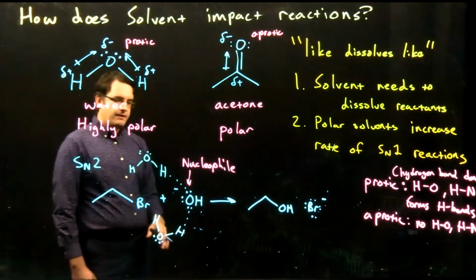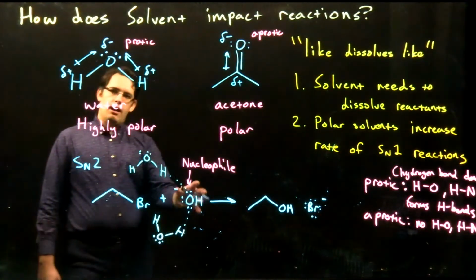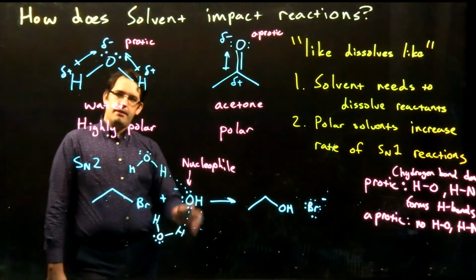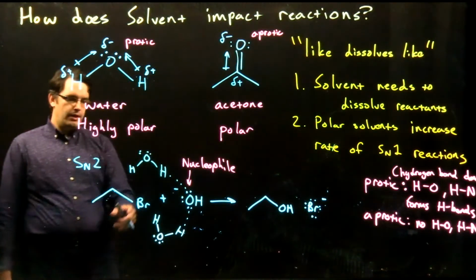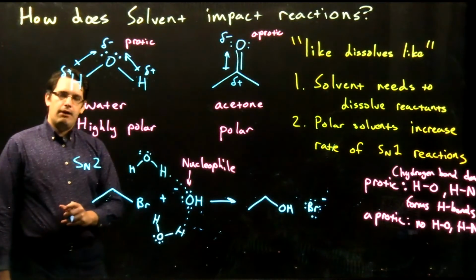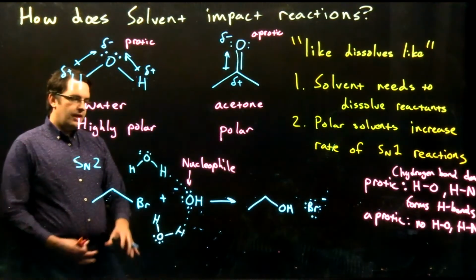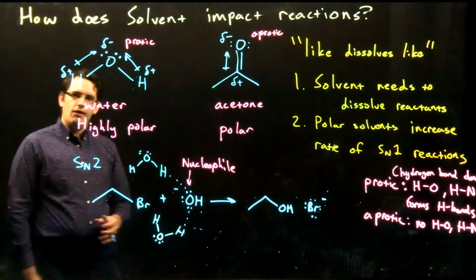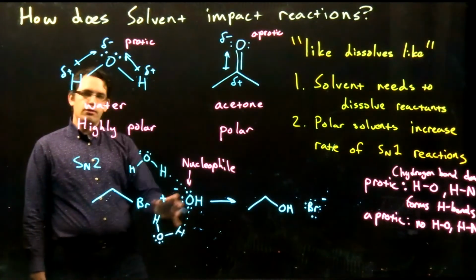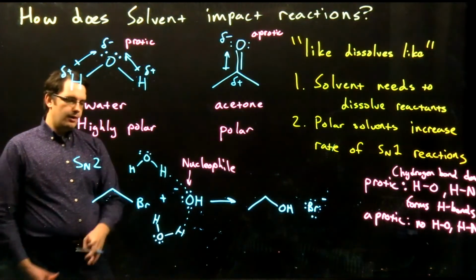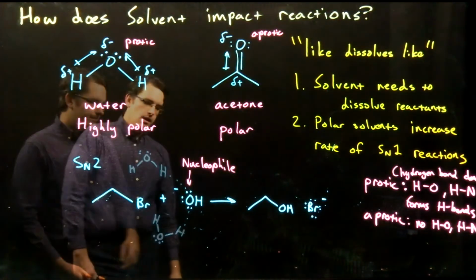And because it's busy forming all these hydrogen bonds, our nucleophile is actually going to get surrounded by water molecules, and it's going to make it hard for it to attack our alkyl halide here to make our products. Right? So you can actually get kind of this shell of solvent molecules around your nucleophile, blocking the attack of that nucleophile onto our alkyl halide.